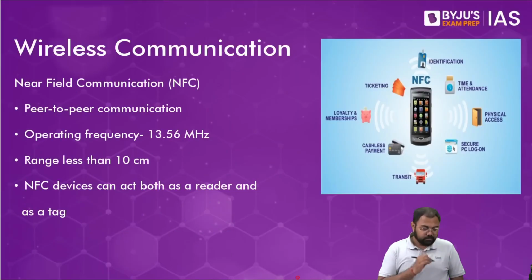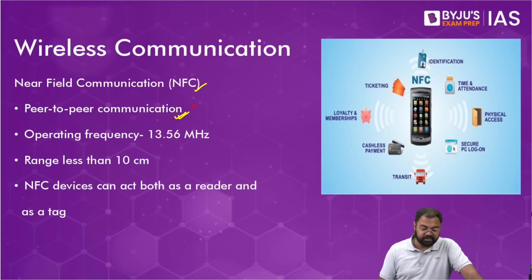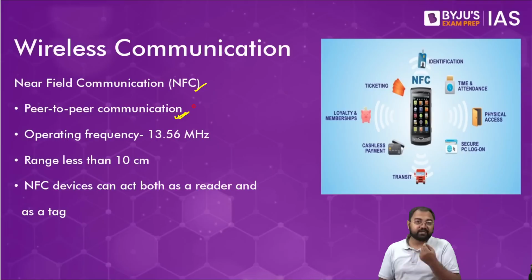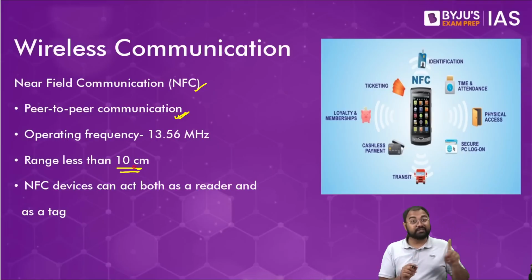Now, apart from this, there is near field communication as well. In case of near field communication, we are talking about peer-to-peer communication, meaning you have two devices that have to be placed very close to one another so that they can communicate. That's why the range is less than 10 centimeters. Bluetooth 10 meters, here 10 centimeters.